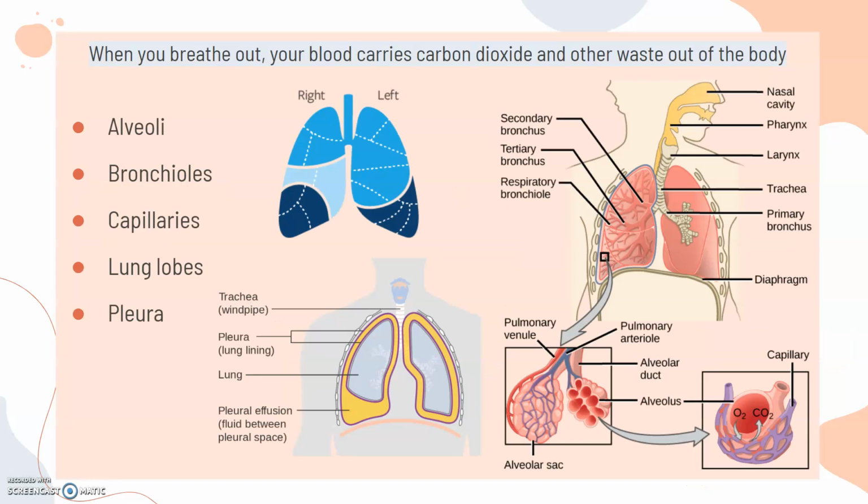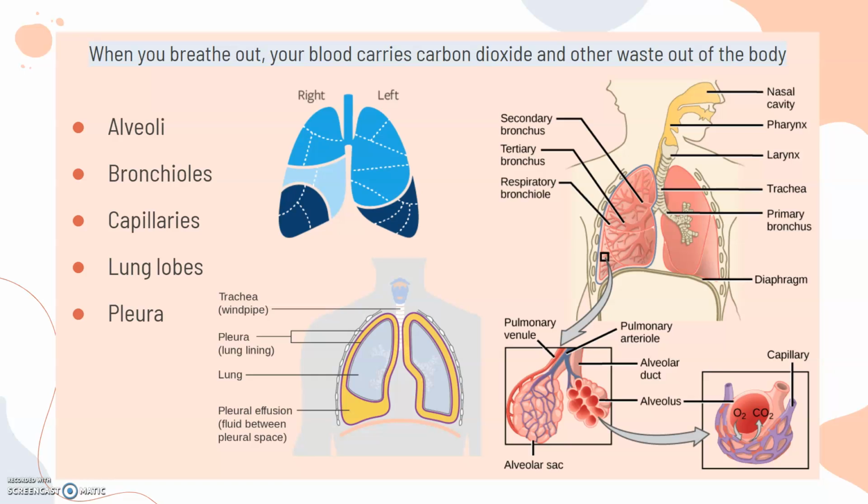There are also other components that are more embedded in the lungs, which are part of the lung itself. When we breathe out, our blood carries carbon dioxide and other waste out of the body. Other components that work in the lungs and the blood vessels in this process are the alveoli, which are tiny sacs in the lungs where the exchange of oxygen and carbon dioxide takes place.